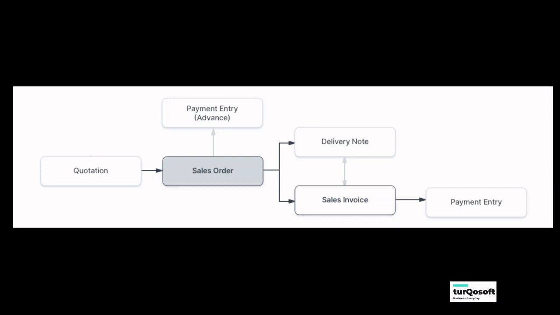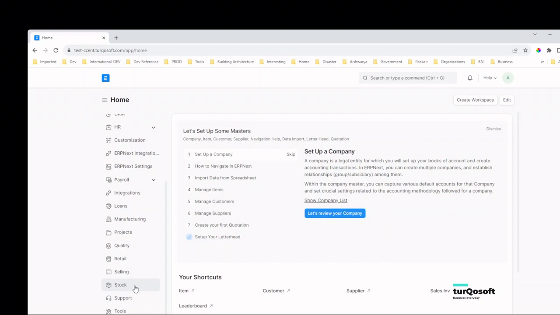You can either create a delivery note or a sales invoice against a sales order, or you can first create a sales order, create an invoice, then deliver against the invoice, and then receive payment against the invoice. So there are multiple combinations that are possible in this case, depending upon the settings that we covered earlier.